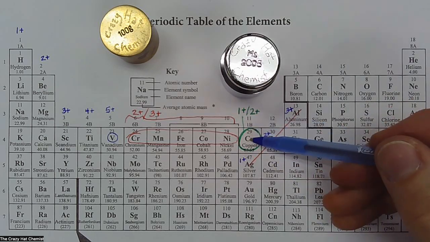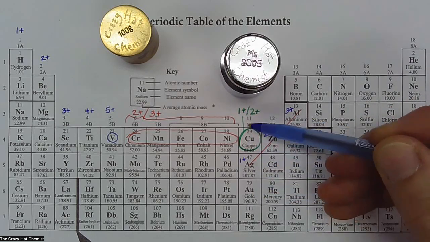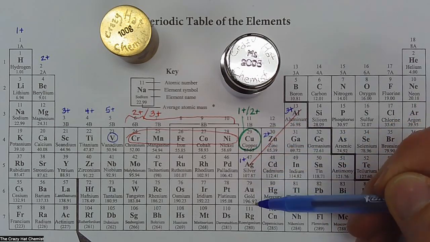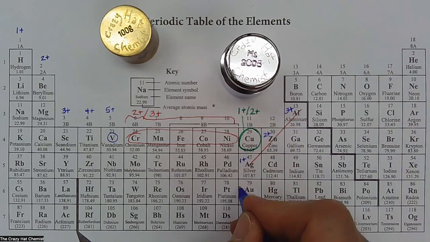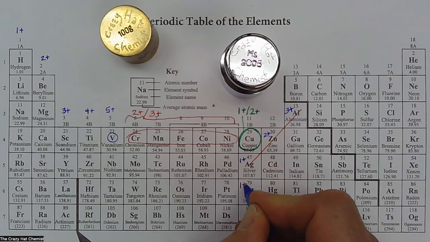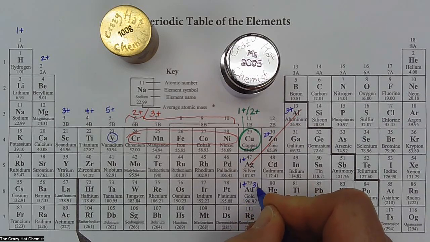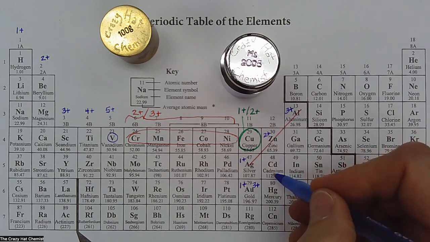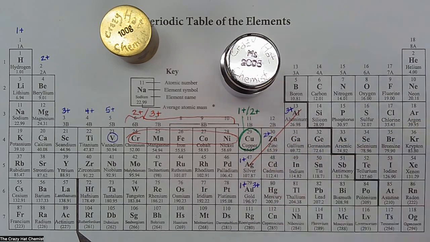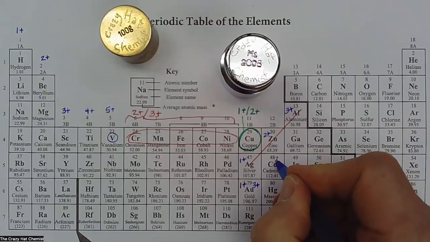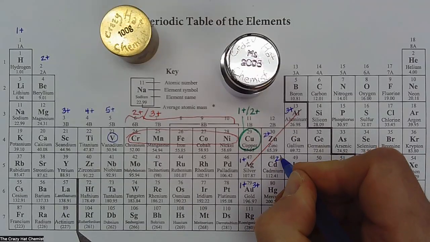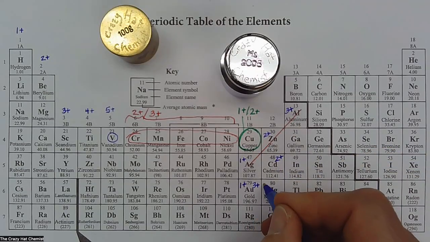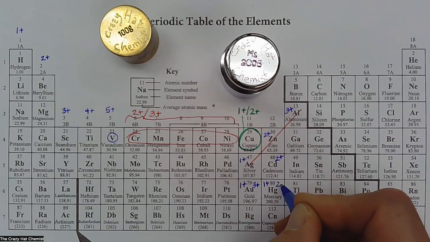If you notice, copper, silver, and gold are all in the same column, and gold has a 1+ and a 3+ charge. I don't believe I mentioned this, but we'll mention it here: cadmium and zinc are in the same column, so cadmium also has a 2+ charge. And I did not mention this either, but mercury has a 1+ and a 2+ charge.